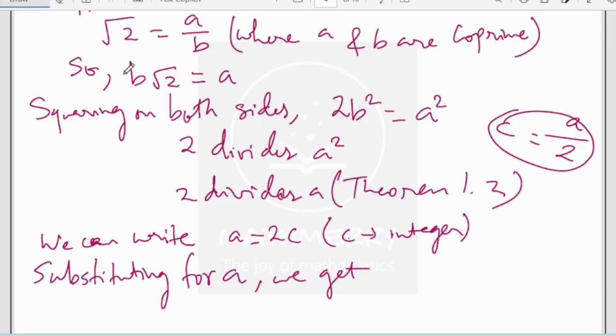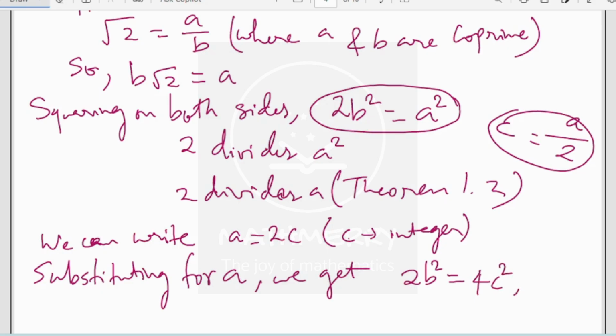So if we substitute A in this equation, what will you get? 2B square is equal to 2C the whole square. 2C the whole square is 4C square. So that means B square is equal to 2C square.